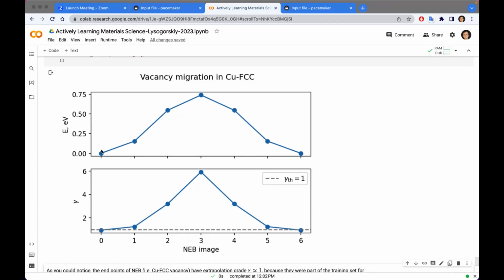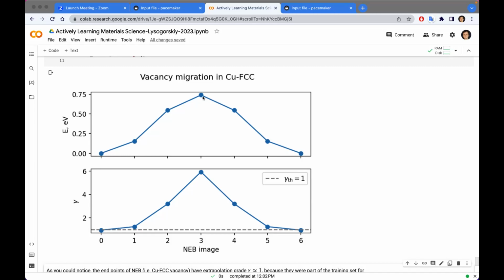And for these endpoints, when we have a perfect vacancy in the position of atom number 0 and atom number 1, the extrapolation grade is close to 1, even below, because that was in the training set. We put it explicitly. But the extrapolation happens in between. When we go to the transition point, you see gamma increases up to 6.